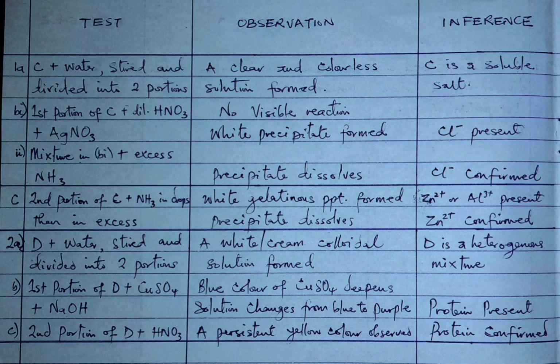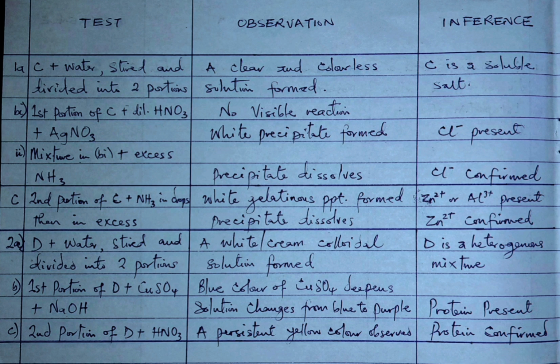So we've tested for chloride ions, and we want to test for zinc ions. So go back to our table and go to 1C. Remember first of all that in 1A, we said C plus water, and then we stirred and divided the solution into two portions. The first portion, we used to test for Cl minus ions. Now the second portion of this C solution is what we are using.